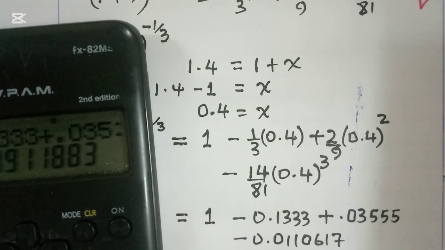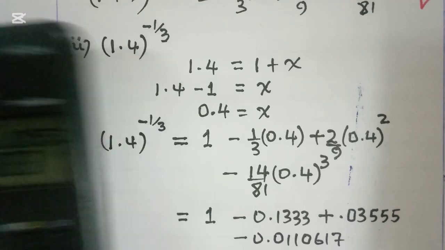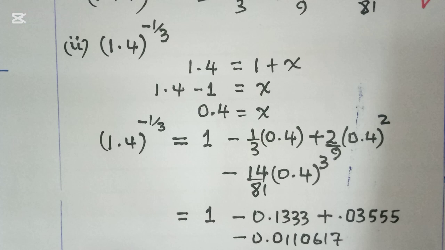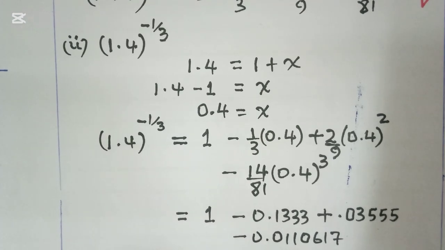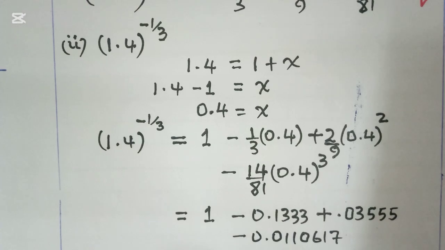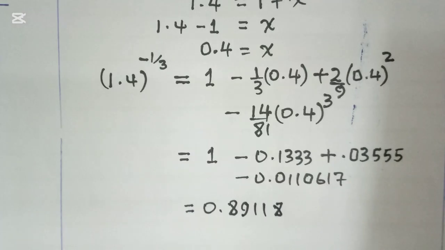That gives us 0.8911. The answer then is going to be 0.89118, like that. But now we are told, hence find an approximation value of that correct to 4 decimal places.